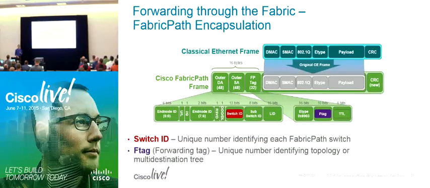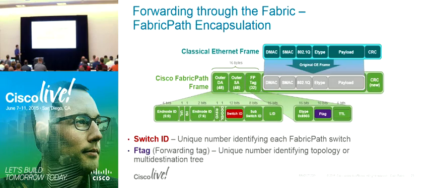There are two fields that are of most interest to us today: the switch ID and the F tag, forwarding tag. Switch ID identifies which switch the frame is coming from and which switch it is going to. And the forwarding tag, F tag, identifies the unique topology for unicast or the multi-destination tree for BUM traffic.